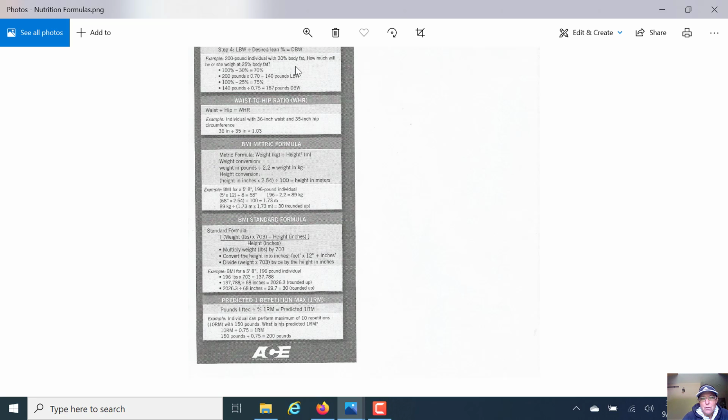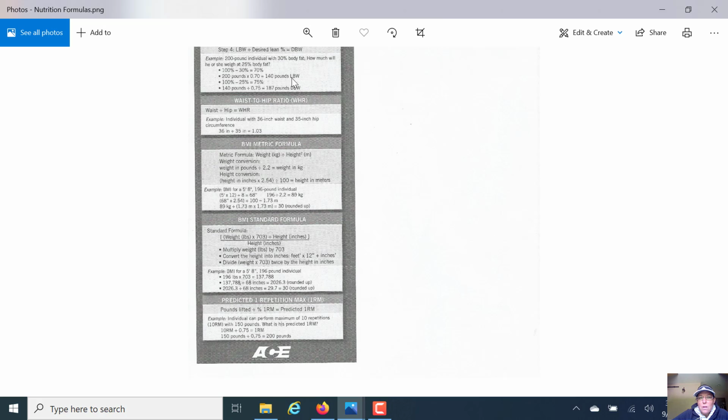So 30% of their body weight is fat, and 70% is lean body weight. Going back to their weight, they weigh 200 pounds, so you multiply that by 0.70. So 200 pounds times 70% would say that they have 140 pounds of lean body weight.